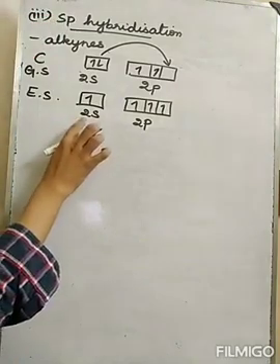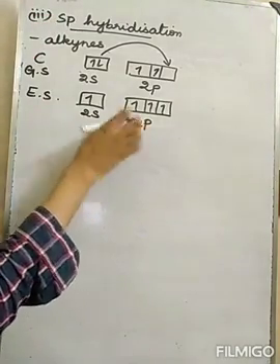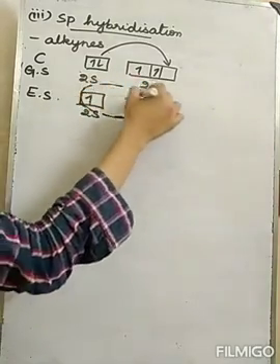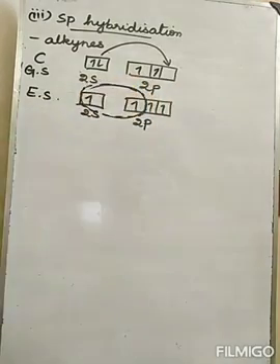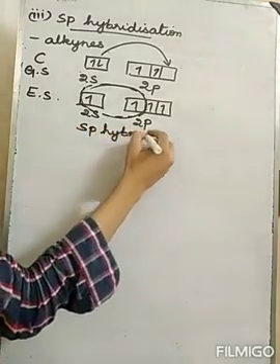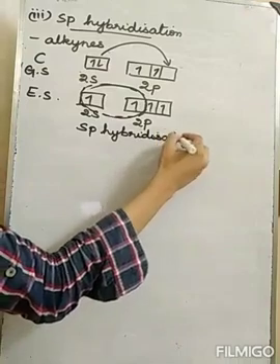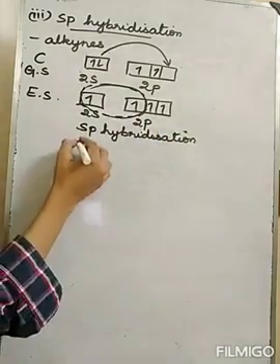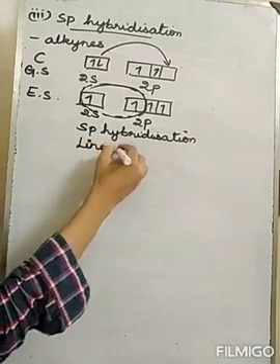sp means 1s and 1p alone are involved in hybridization. So these two orbitals alone will be involved in hybridization, so it is sp hybridization. When the hybridization is sp, the shape is linear.